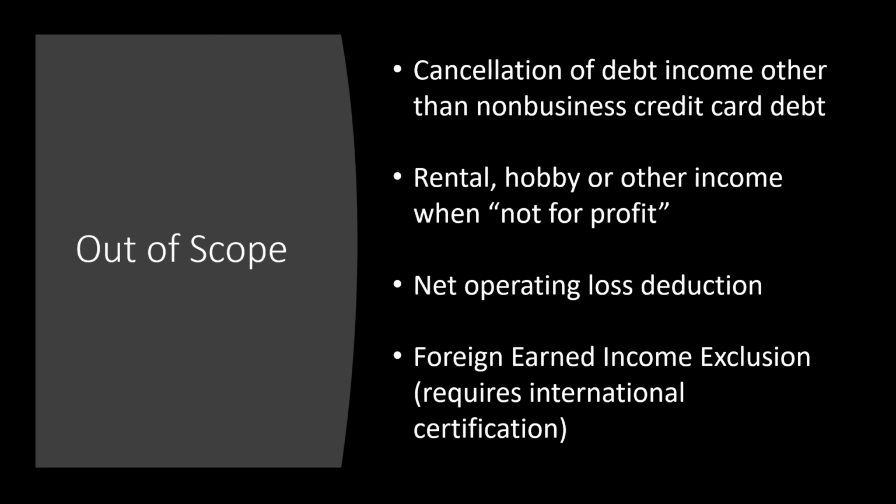Also, any income that is rental, hobby, or other kinds of income that are not for profit is out of scope for the VITA program. Net operating loss deduction is out of scope.